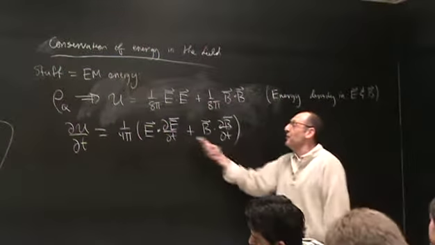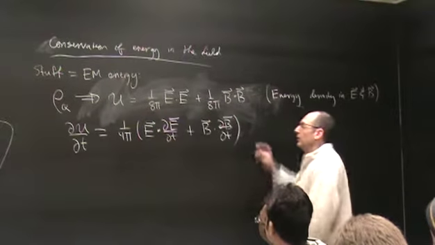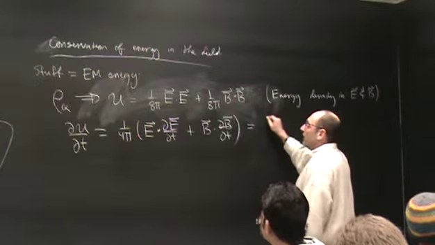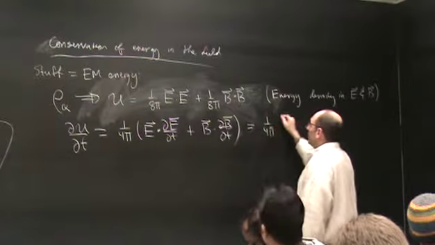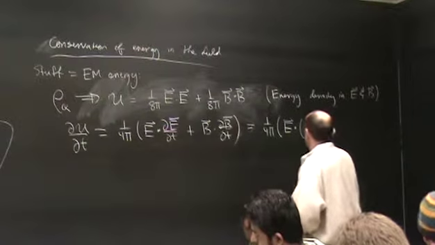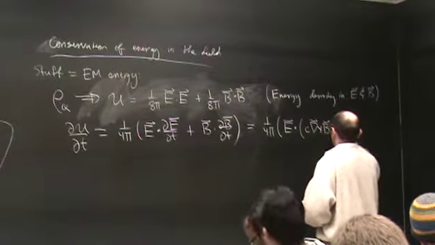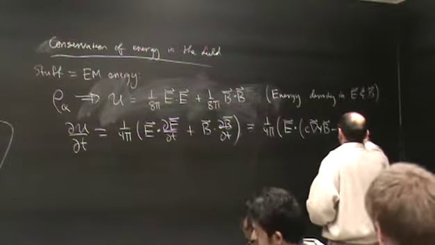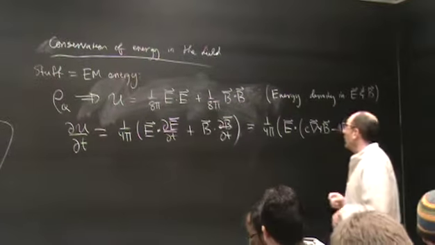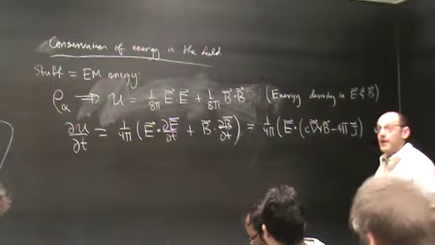So now we know what these things are from Maxwell's equations. dE/dt is equal to c times the curl of B minus 4 pi J from Ampere's law with the displacement current. Right?